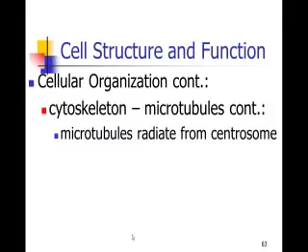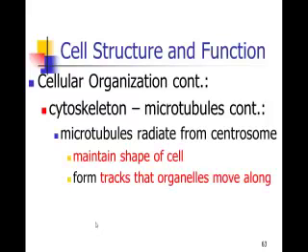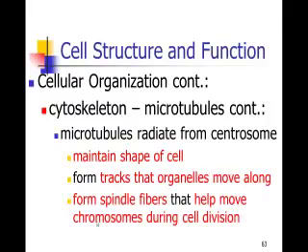Maybe a good example would be some sea urchins have things radiating out from their bodies, and these would sort of be like centrosomes. As I mentioned, they help maintain the shape, and they also appear to form tracks along which the organelles move. The spindle fibers are going to be important to move the chromosomes during cell division, and those involve microtubules.